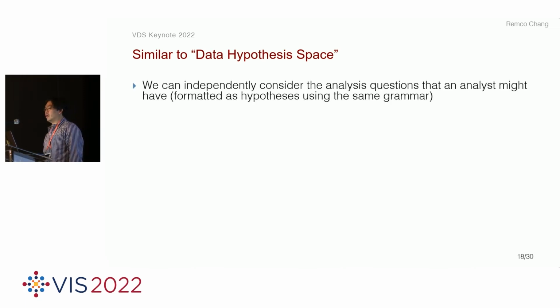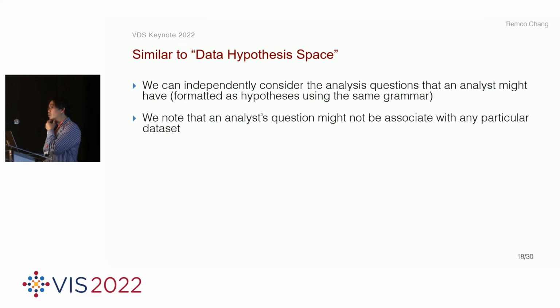It turns out that, similar to the data hypothesis space, we can use this grammar for other reasons. We can consider independently the analysis questions that an analyst might want to ask, formatted using the same grammar. It's important to note that the analyst questions might be completely independent of any data set that they might have, right?